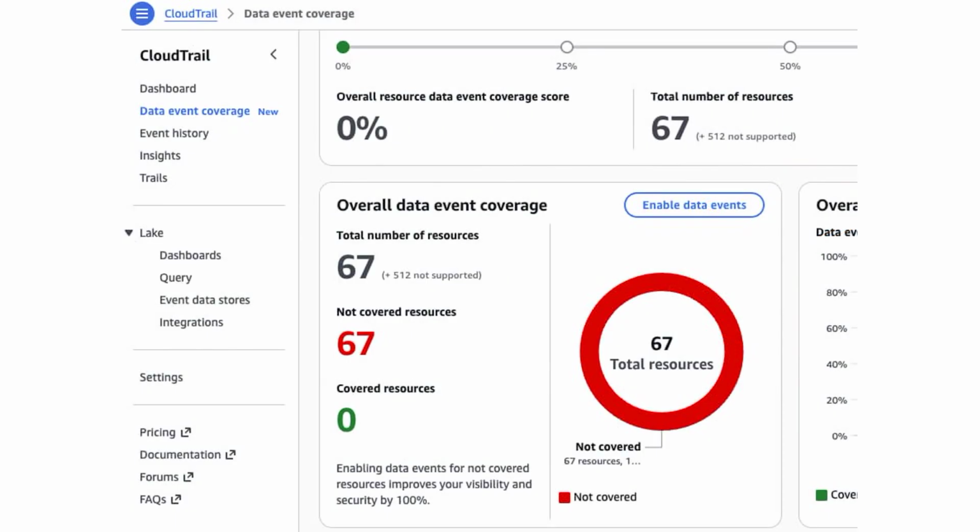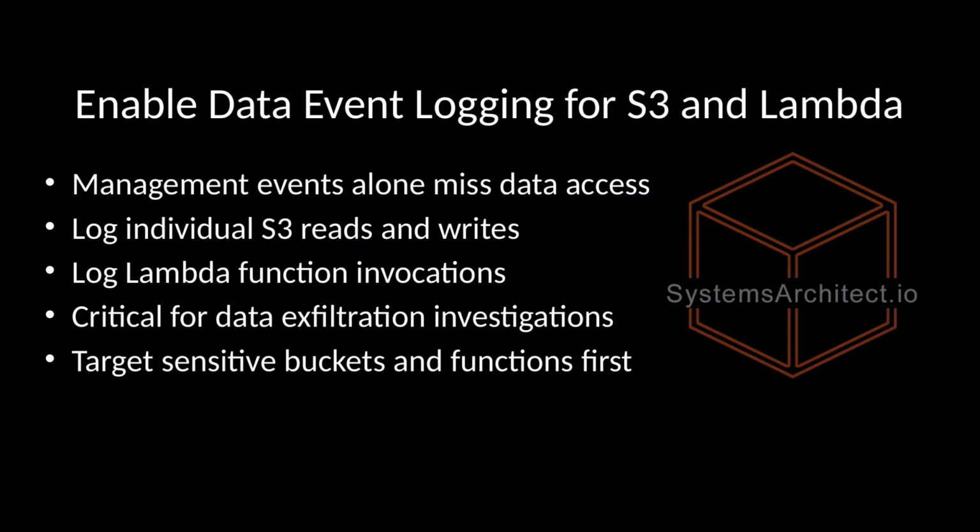Turning that on gives you visibility into exactly who accessed which object or triggered which function, which is essential for investigating data exfiltration. Because data events are far higher volume than management events, enabling them everywhere can get expensive quickly. Target your most sensitive buckets and functions first, then expand as your budget justifies it.